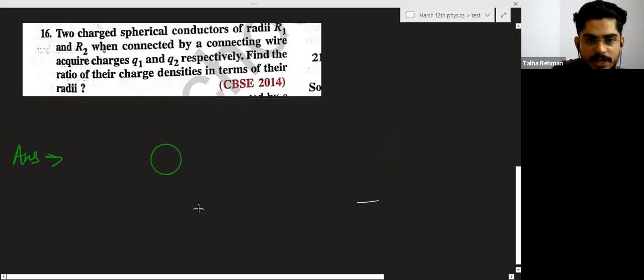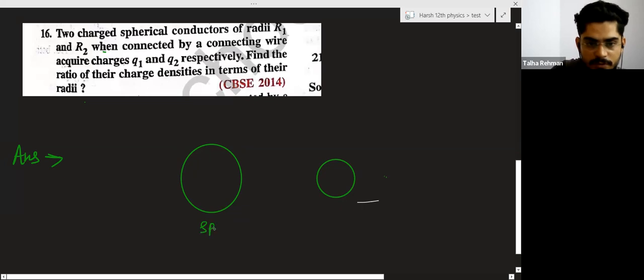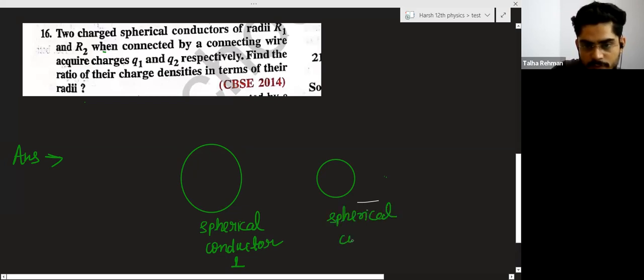Here is a charged conductor, and here is another charged conductor. This is spherical conductor 1. This is spherical conductor 2.